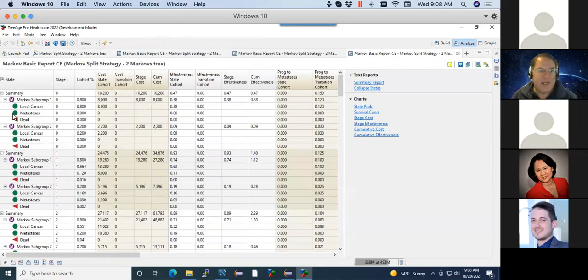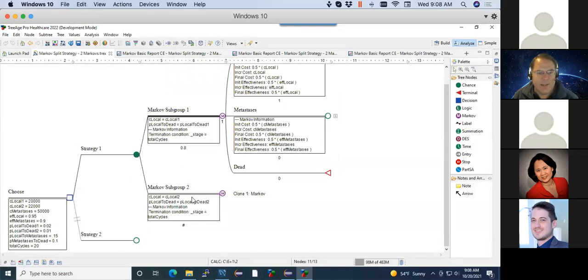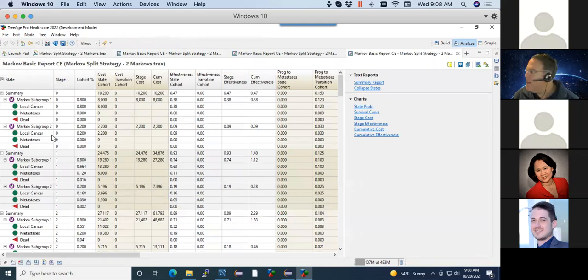And what you'll see is, sure enough, the first subgroup from the model up here and the second subgroup are both included in the combined results. So it's not just a summary, it's this subgroup and this subgroup combined. Sure enough, 80% went to the first subgroup, 20% went to the second subgroup.